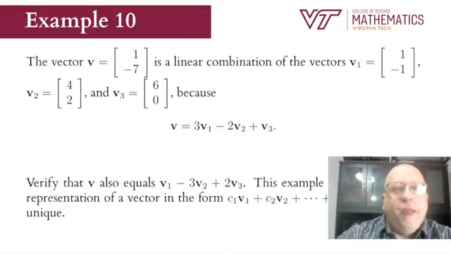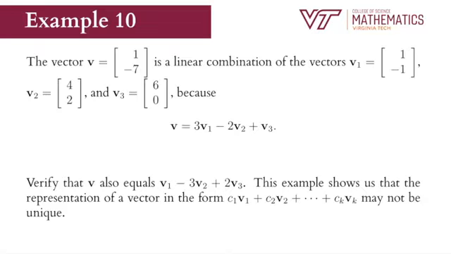Let's look at another example. The vector 1, negative 7 is a linear combination of 1, negative 1; 4, 2; and 6, 0.